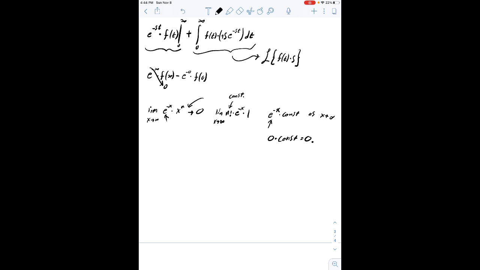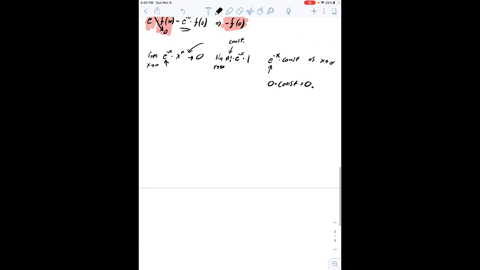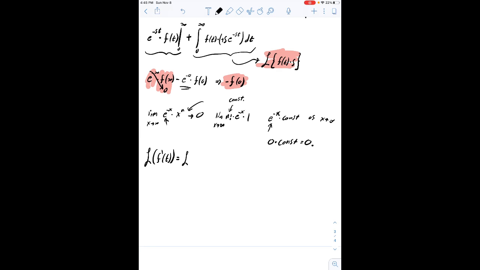So therefore we can usually assume that this term just goes to 0, so this term just turns into negative f of 0. So now combining this right here with this right here, we get the Laplace transform of f prime of t is actually equal to the Laplace transform of f of t times s minus f of 0.